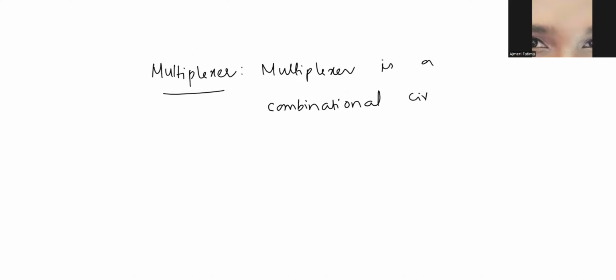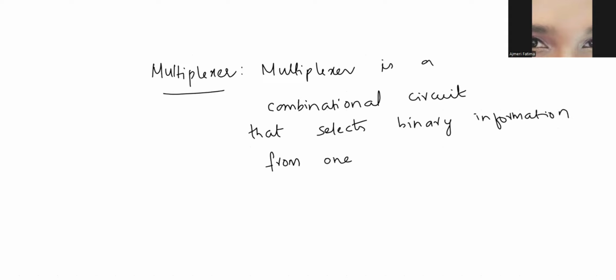Multiplexer is a combinational circuit. It is a combinational circuit that selects binary information from one of many input lines and directs it to a single output.